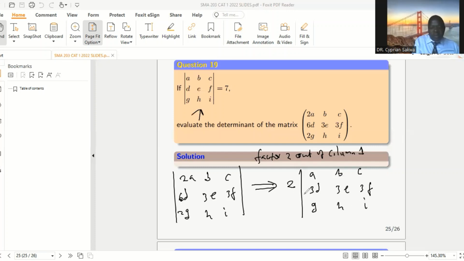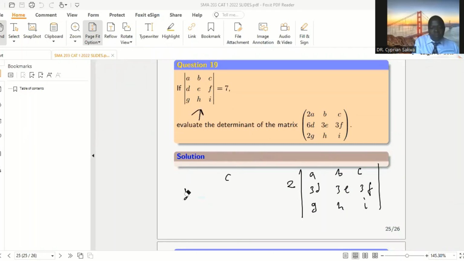The next thing I want to do is to factor out row 3. I want to factor out row 3. So let me just get some space here. So when I do that, 3 is common there, but row 1 remains the way it is.